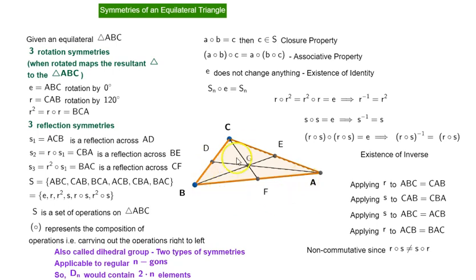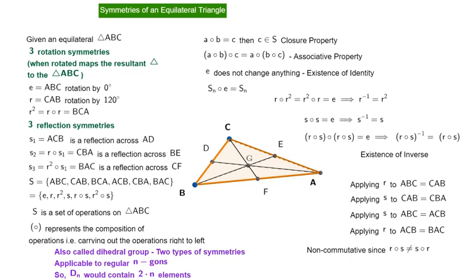If it was a hexagon, more specifically a regular hexagon, then we would call it D6, and it would contain 2 times 6 elements, that is 12 elements.